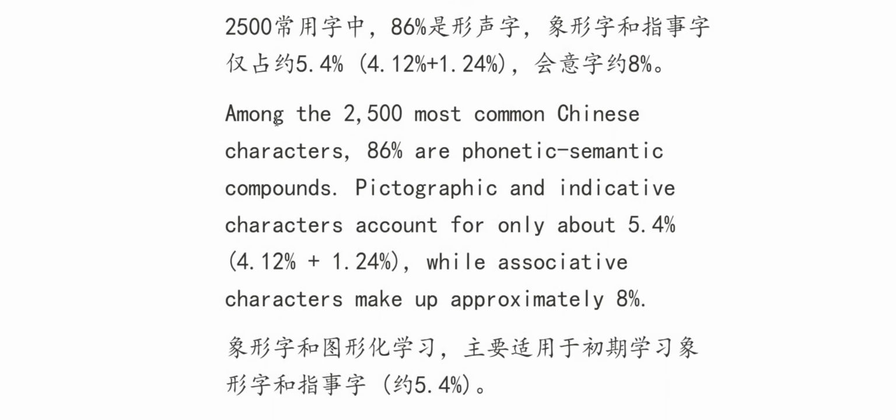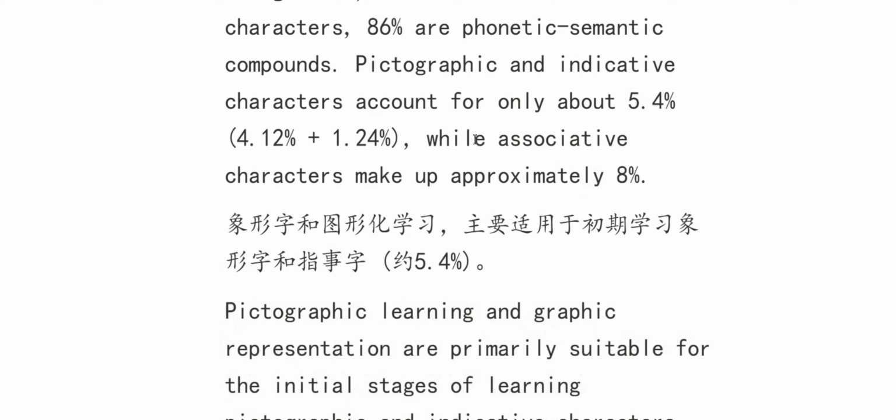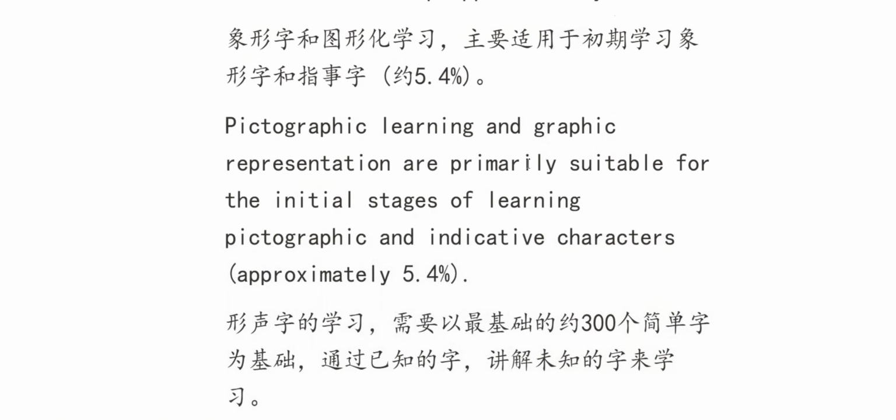So we can see among the 2,500 most common Chinese characters, 86 percentage are phonetic semantic compounds. Pictographic and indicative characters account for only about 5.4 percentage, while associative characters make up approximately 8 percentage.